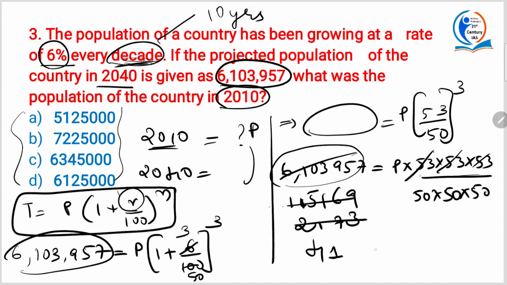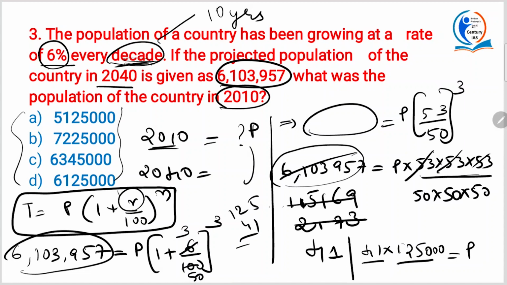So P would be 41 into 5 5 is 25, 25 5 are 125. So 41 into 125 into 10 cube. Now don't do 125 into 41 directly. Split this 41 into 40 and 1.